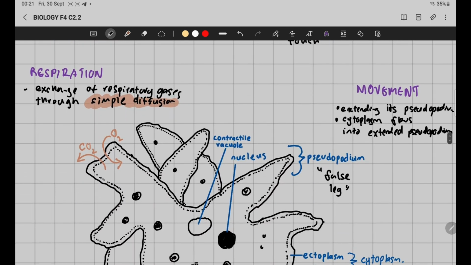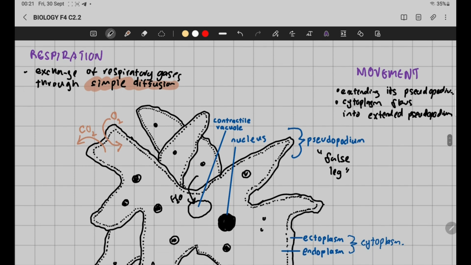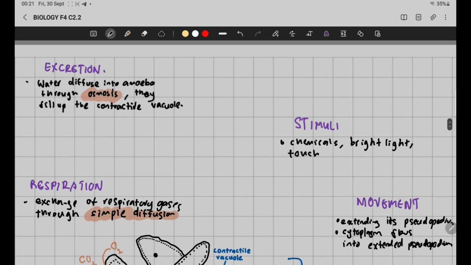As the water, H2O, fills up the contractile vacuole, it expands. The contractile vacuole, shortened as CV, expands to its maximum size. And when it reaches its maximum size, contraction occurs.